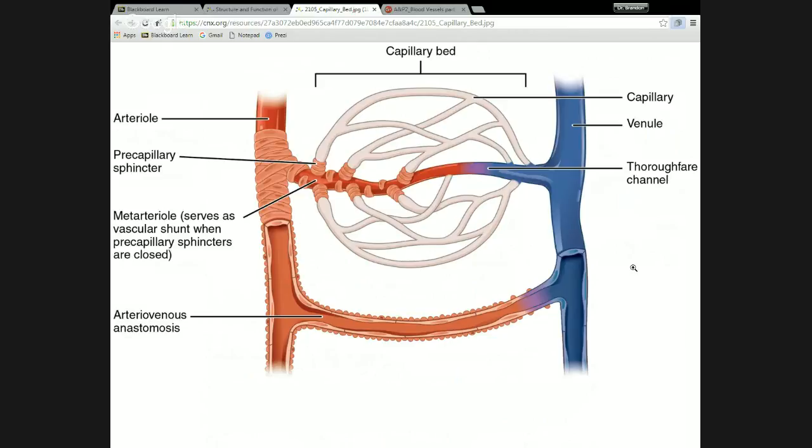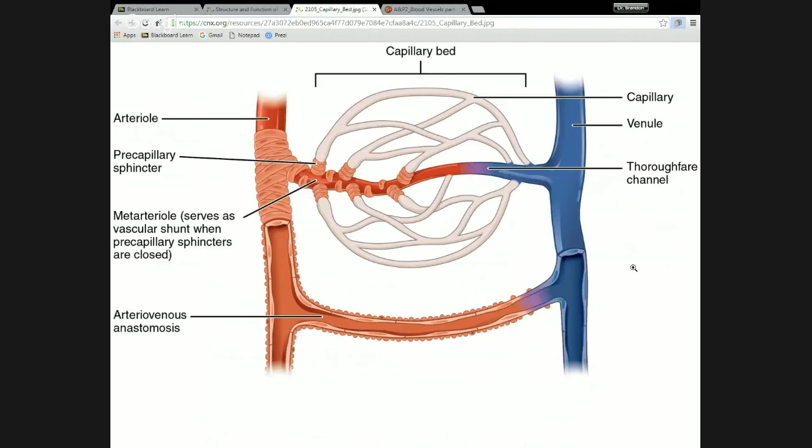And the whole connection from the arterial side over there to the venous side here is called the thoroughfare channel. With the precapillary sphincters constricted, the thoroughfare channel basically shunts the blood directly over to the venous side, and the blood doesn't go through the capillary bed. It's also possible to completely bypass everything.